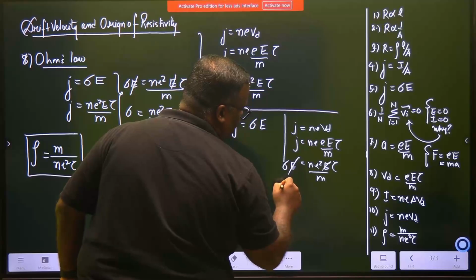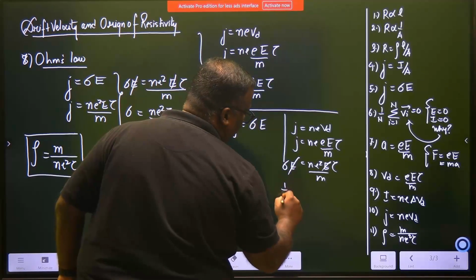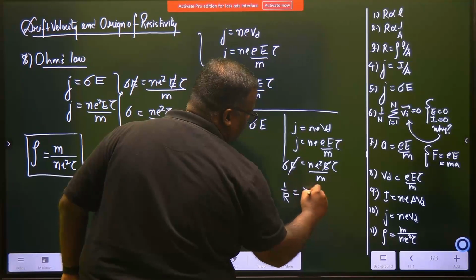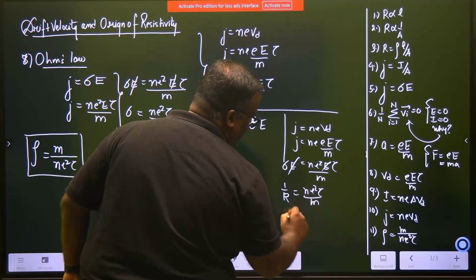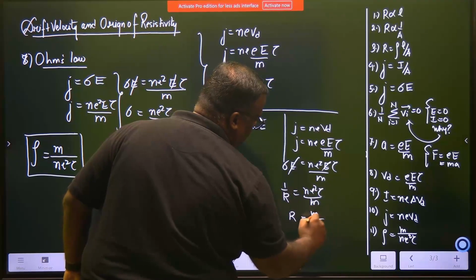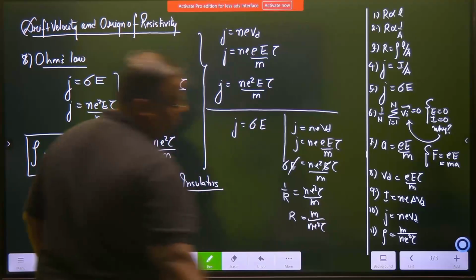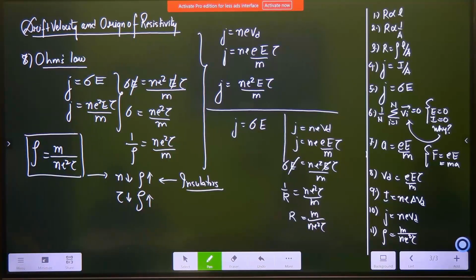E cancels. Instead of sigma, you write 1 upon rho is equal to N e square tau divided by M, and rho becomes M by N e square tau. Not that difficult if your fundamentals are correct.